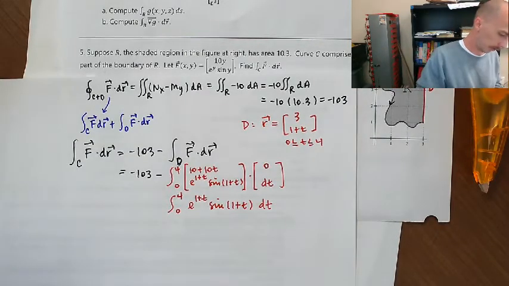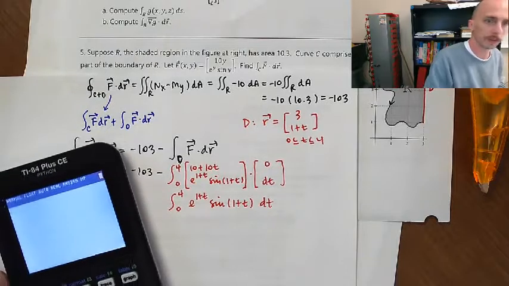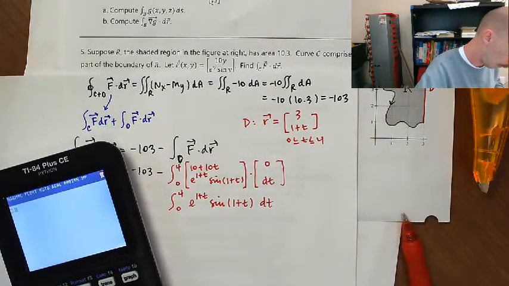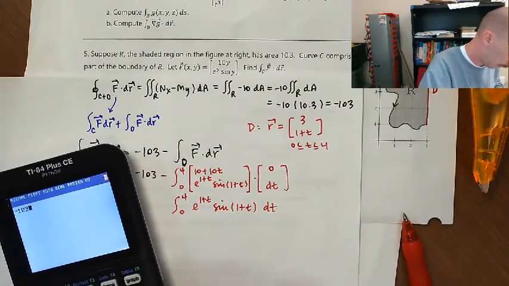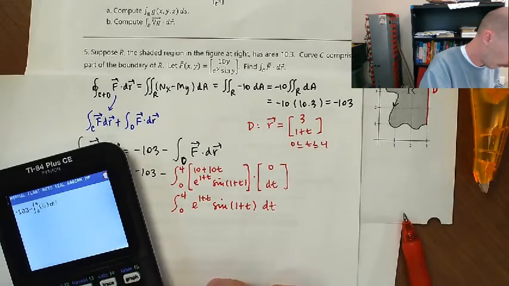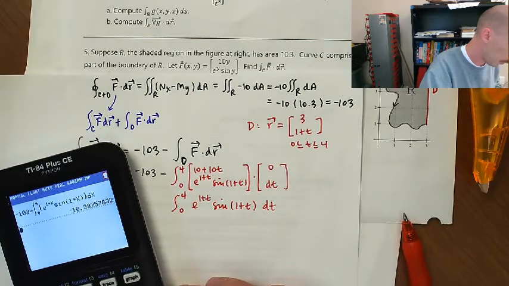That's going to require a calculator, and so I'm going to do that. That was negative 103 minus the integral from 0 to 4 of e to the 1 plus t sine of 1 plus t dt.